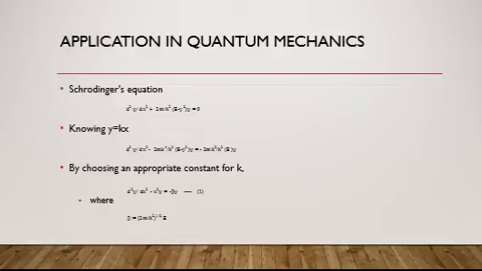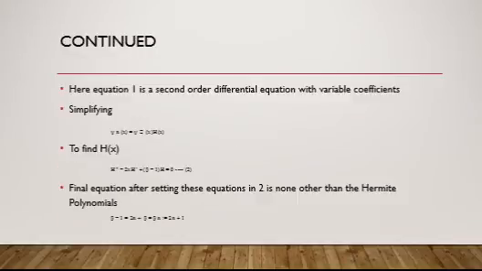By choosing an appropriate constant for k, we get d square psi by dx square minus x square psi is equal to minus beta psi, where beta is equal to (2m by h bar square) raised to half E. Here equation 1 is a second order differential equation with variable coefficients.